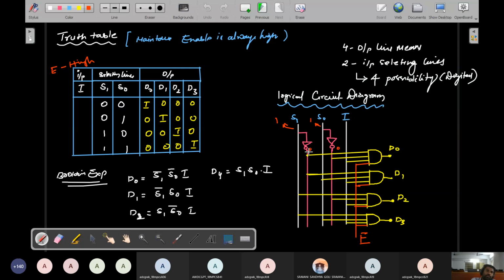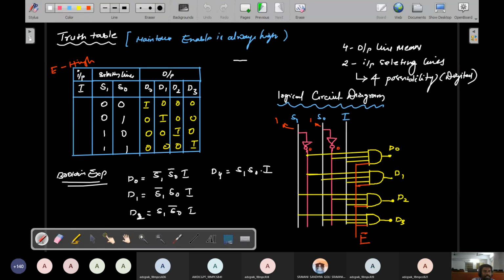And one more important note point I will discuss here. The selecting lines are always represented from right to left only, and the output terminals are always represented from left to right. So this is the symbol I use here.